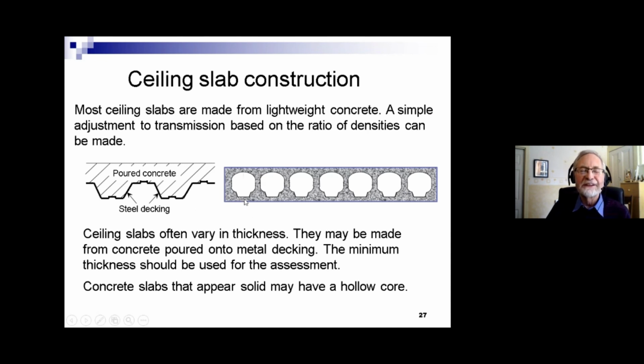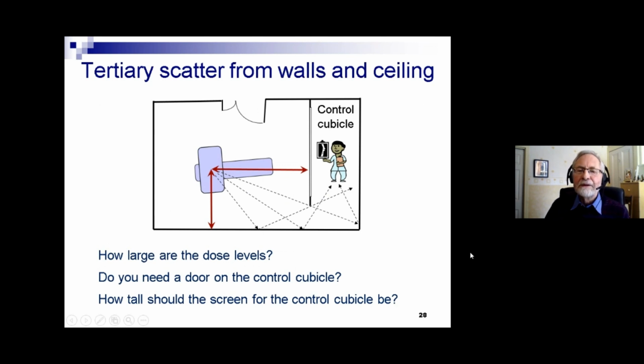Even if the ceiling looks solid, a hollow core is often used to give more strength for a lighter arrangement. So you need to have some information about the ceiling composition and the ceiling thickness. So that's really all I want to say about the ceiling and the secondary scatter.